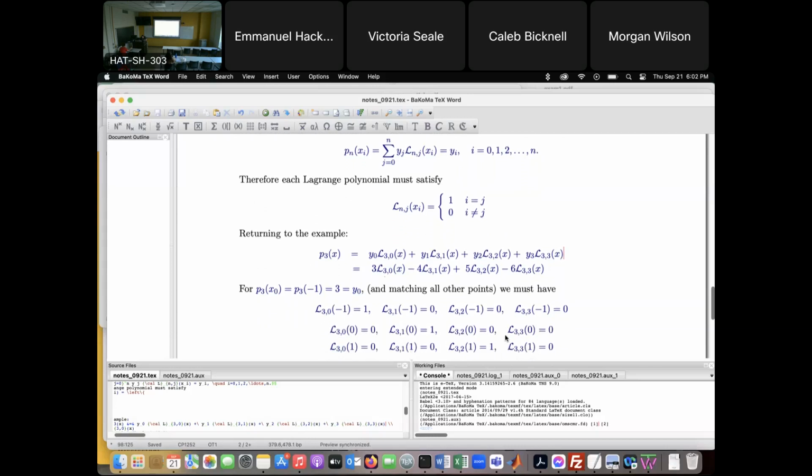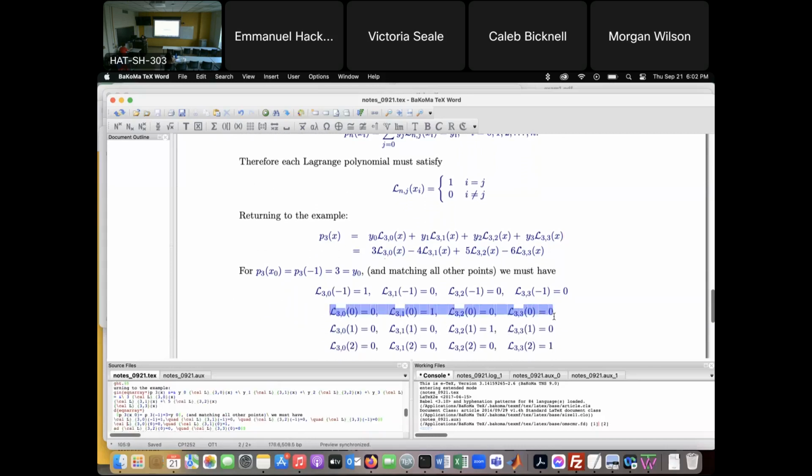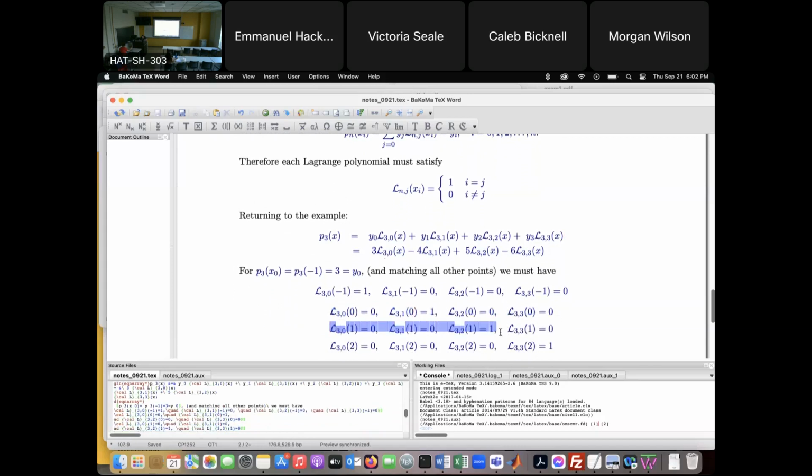And this continues for all of the x values. Here I'm plugging in x equals 0, x equals 1, and then x equals 2. So all of my x values. Questions so far?